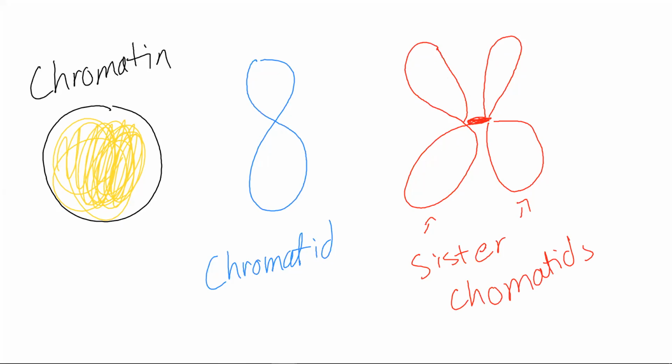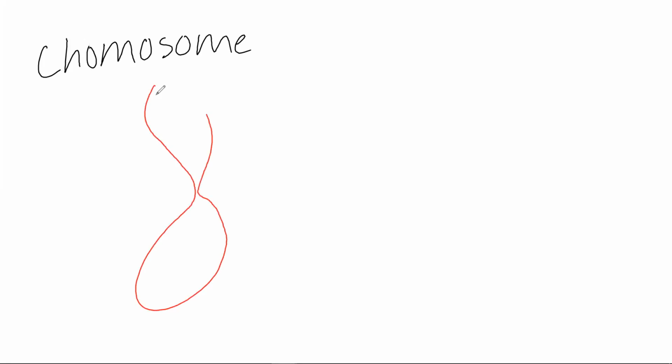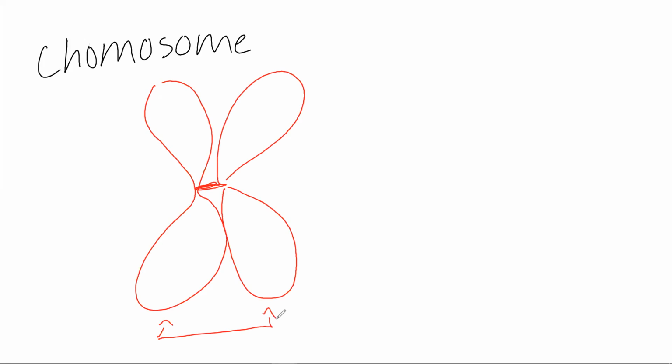So, we're not done with chromosomes yet, right? With a chromosome, you have your 2 sister chromatids here and here, but they are bound by a centromere.